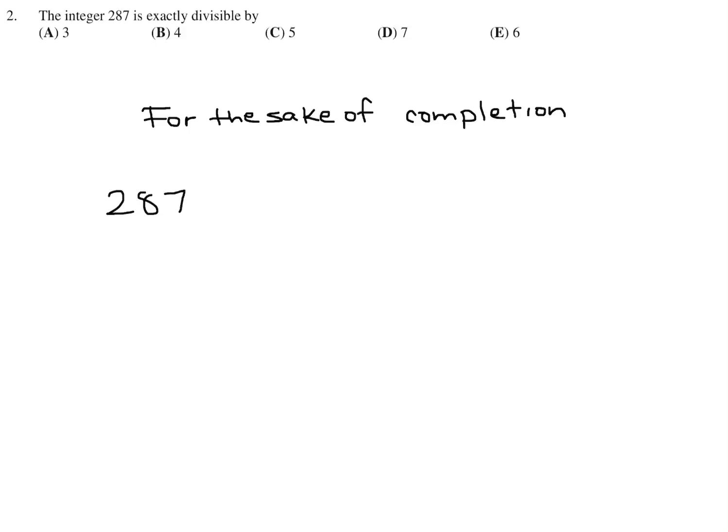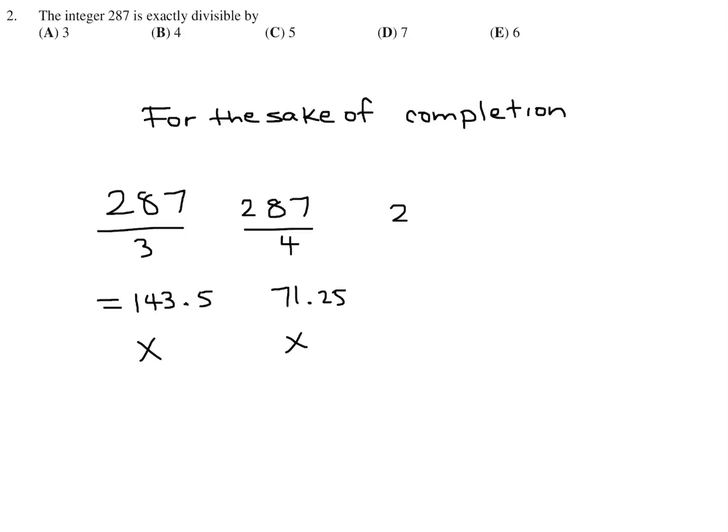The integer 287 is exactly divisible by. For the sake of completion, let's just do all the answer choices. 287 divided by 3 is 143.5, so that's not divisible. 287 divided by 4 is 71.25, and that's not divisible. 287 divided by 5 is 57.4, not divisible. 287 divided by 7 is 41.